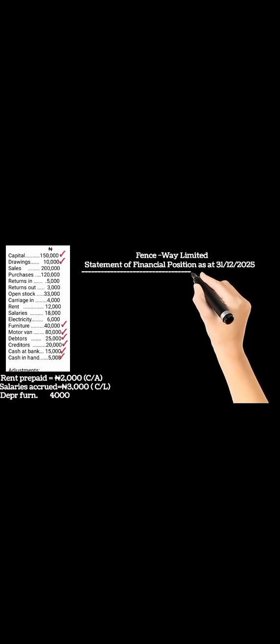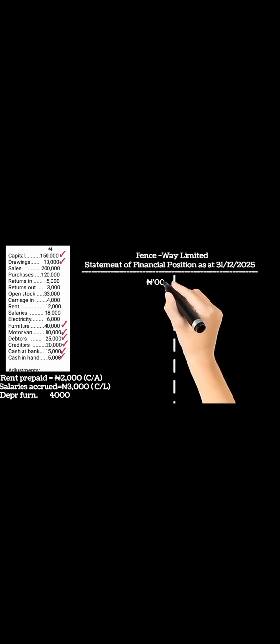We are going to use the T format because of space. The liability side is the left hand side, and the asset side is the right hand side. We start with the first liability, which is capital.